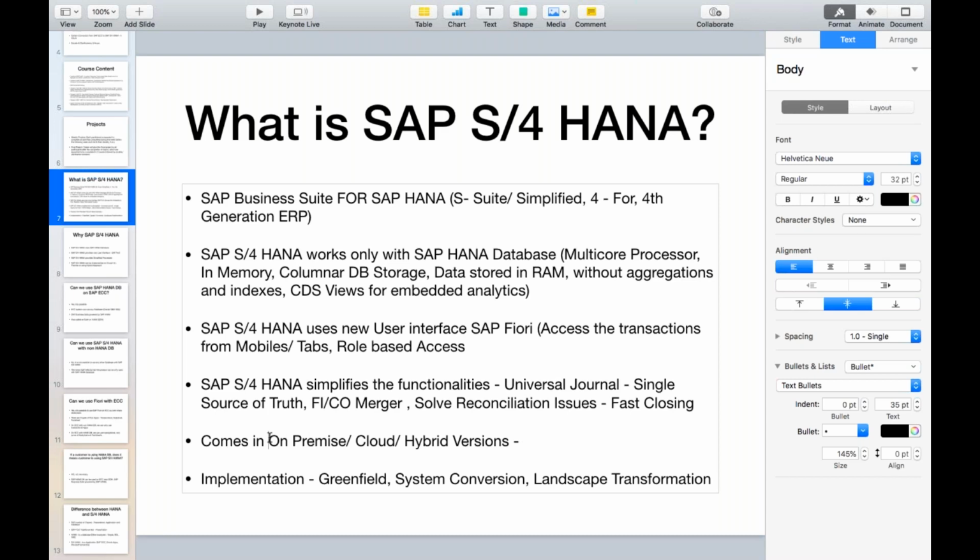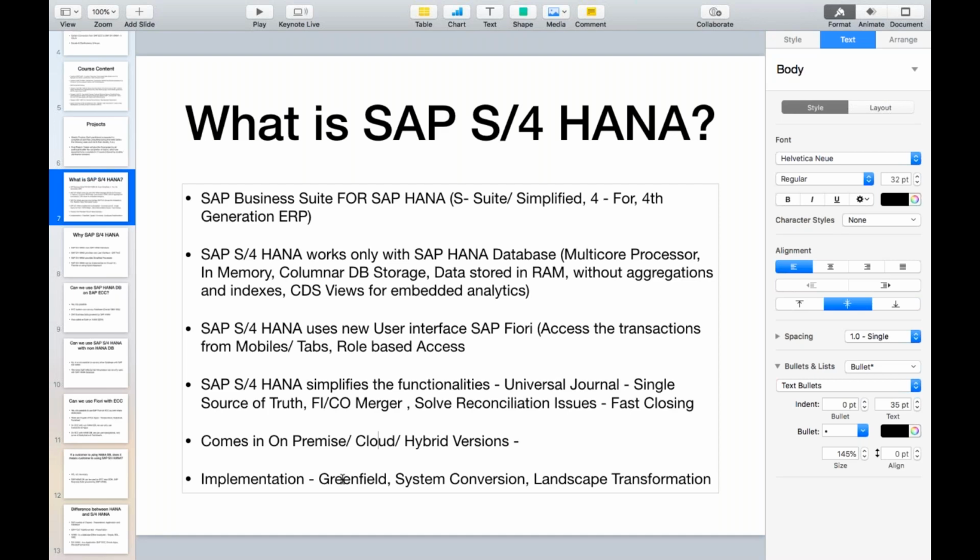And then we discussed there are multiple deployment options. Customers can select to go for on-premise, they can select to go for cloud, or maybe they can go for a combination of both. So in today's session, we will talk in more detail about these deployment options: what are the benefits of on-premise, what are the benefits of cloud, what are the disadvantages, which customers should go for on-premise and which customers should go for cloud.